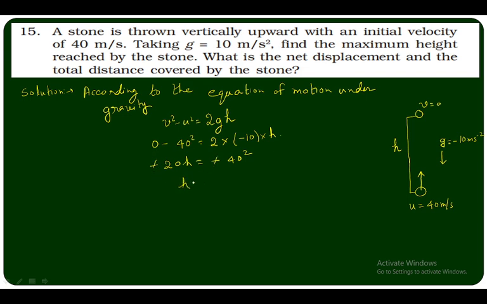Therefore, the value of h is equal to 40 into 40 divided by 20, right? And this 0 will cancel out. 2 and 2, 2 to the 4, that is 80 meter. Therefore, the height attained will be 80 meter. What is the maximum height reached by the stone?